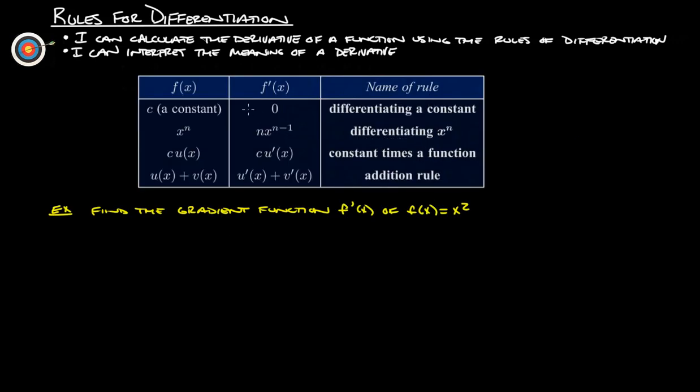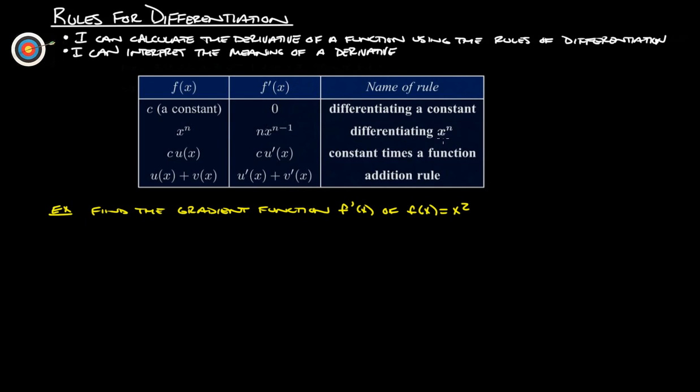So these are some of the differentiation rules here. Differentiating a constant. If we've got some number like, say, 7 here, differentiating that constant will always turn into 0. And I can show you how that works here in a little bit.